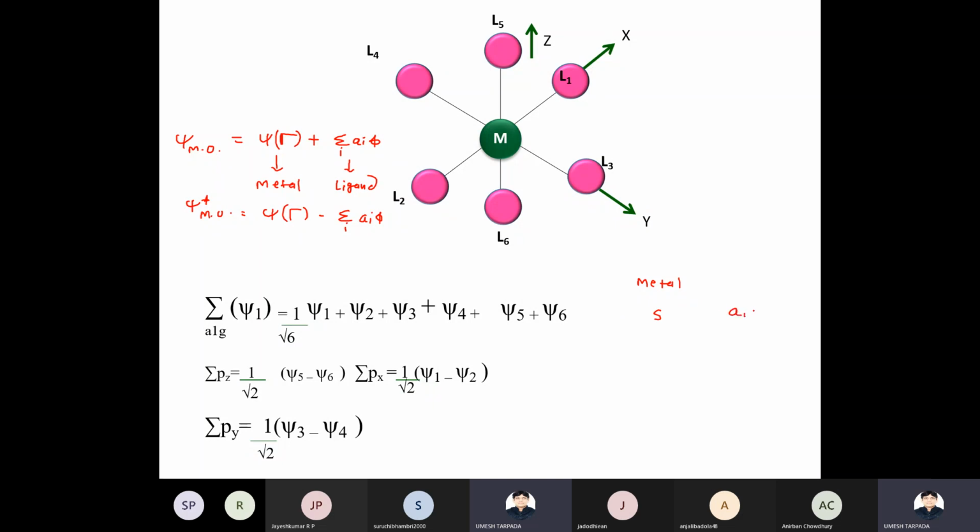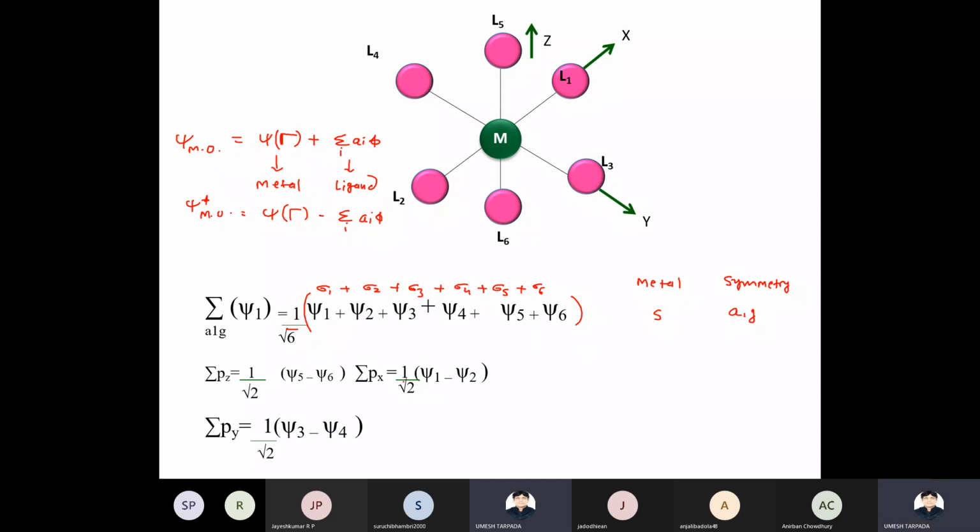We label it as A1G. Corresponding to that, the ligand orbitals are 1 by √6 times (psi 1 plus psi 2 plus psi 3 plus psi 4 plus psi 5 plus psi 6), or you may write sigma 1 plus sigma 2 plus sigma 3, whatever is convenient to you. These are the metal orbitals, and you can compare the symmetry.